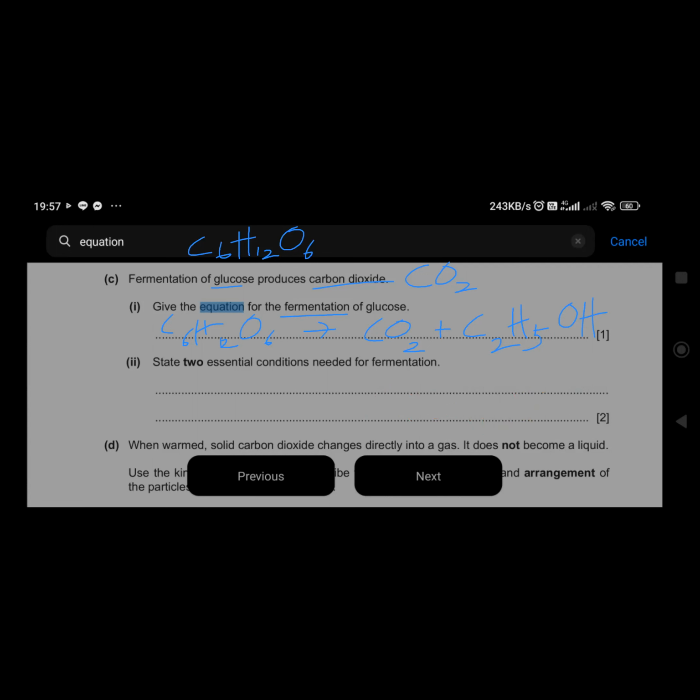Is it balanced? Not balanced, right? You have to balance this. Oh, they have given that to balance also, right? That means let's balance it. How do you balance this?